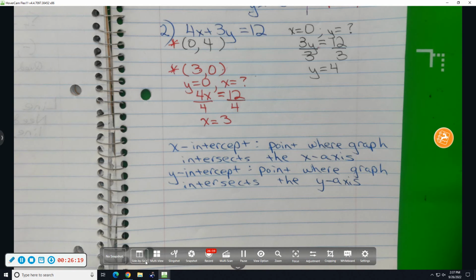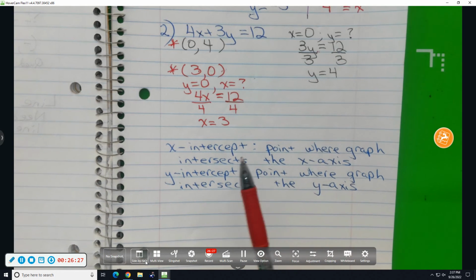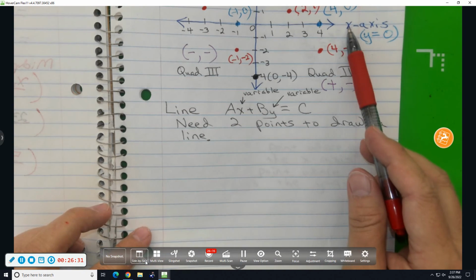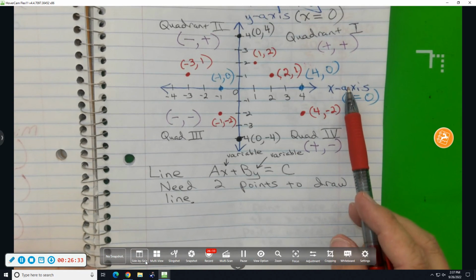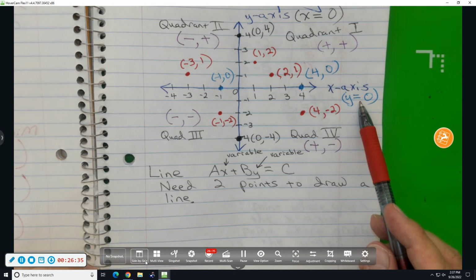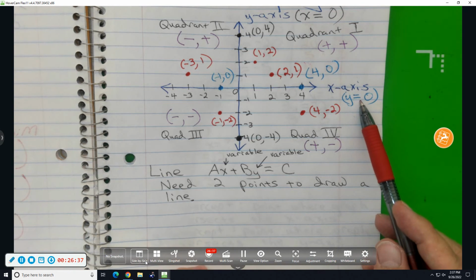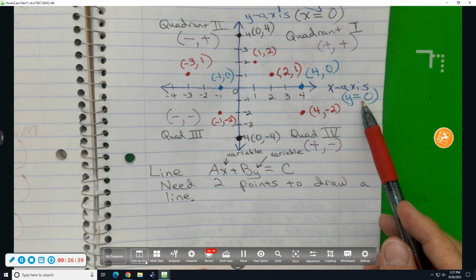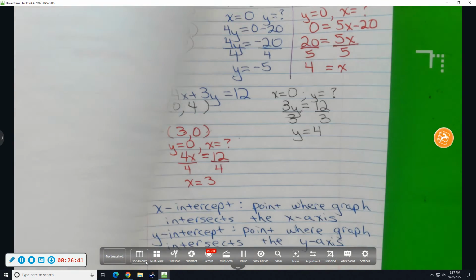And so the x-intercept, that's where the graph passes through the x-axis. The y-intercept, that's where the graph passes through the y-axis. And remember something we said earlier. If a point is on the x-axis, then the y value has to be 0. That's how we found those x-intercepts in problems 1 and 2.